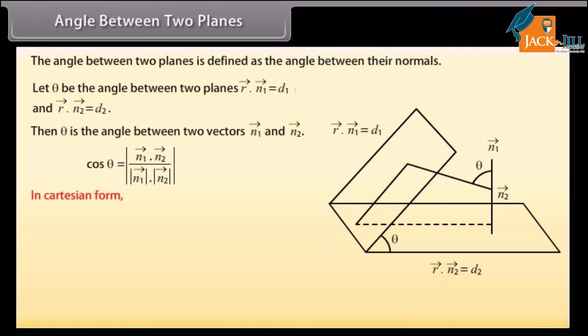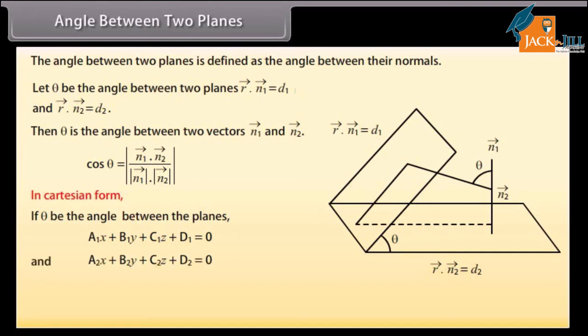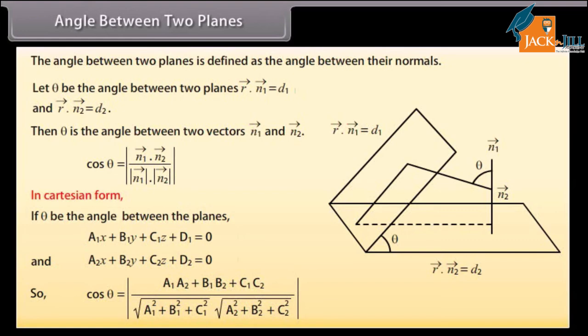In Cartesian form, if theta be the angle between two planes a1x plus b1y plus c1z plus d1 equals 0 and a2x plus b2y plus c2z plus d2 equals 0, then cos theta equals modulus of a1 a2 plus b1 b2 plus c1 c2 divided by square root of a1 square plus b1 square plus c1 square into square root of a2 square plus b2 square plus c2 square.